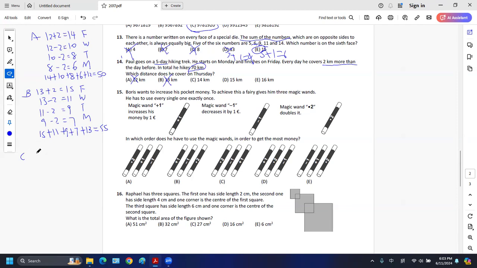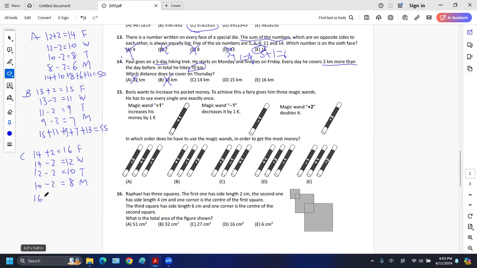C. 14 plus 2 is 16, Friday. 14 minus 2 is 12, Wednesday. 12 minus 2 is 10, Tuesday. 10 minus 2 is 8, that is Monday.